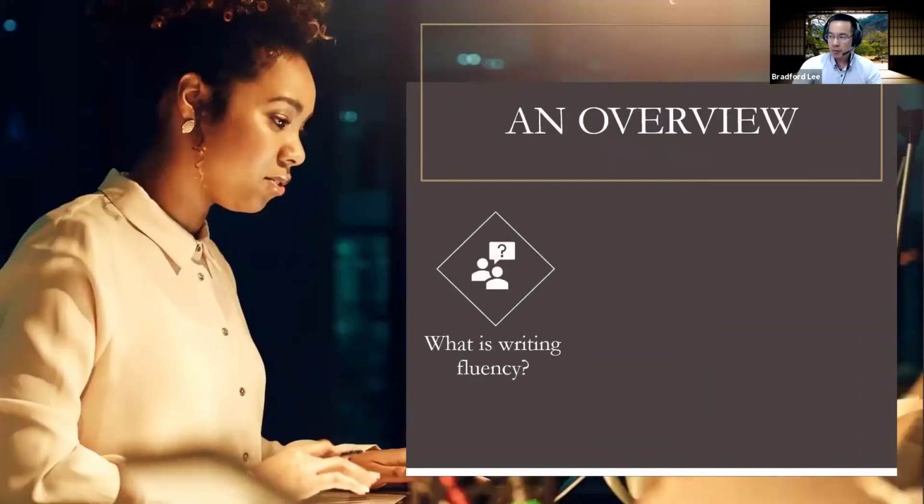To give you an overview of the project, first we should explain what we mean by writing fluency. Essentially, we're referring to the time it took students to transcribe a prescribed text perfectly, including all capitalizations, punctuation, spaces, numerals, and everything like that.